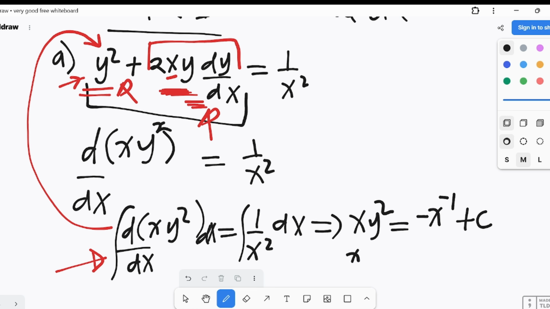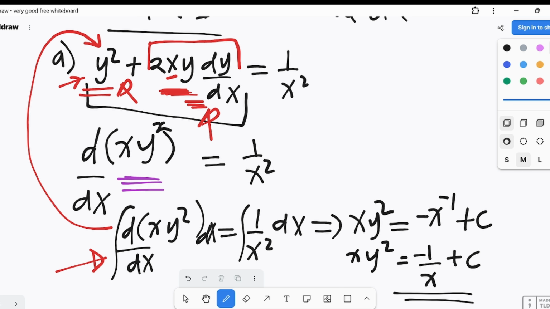So therefore I have xy square is equal to negative 1 out of x and then plus c, as simple as this. Now I want to do another example such that you confirm the knowledge of how to get the exact function, where it came from.